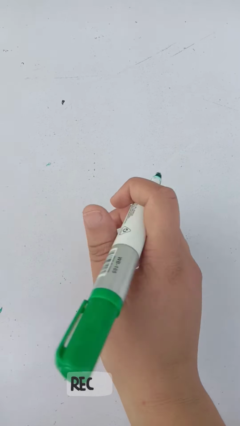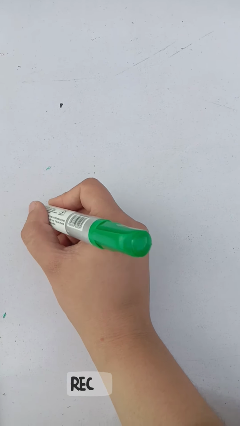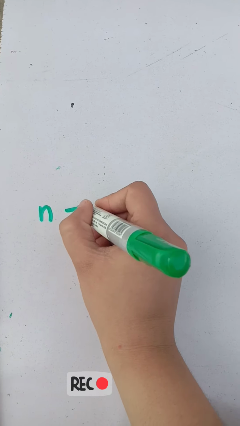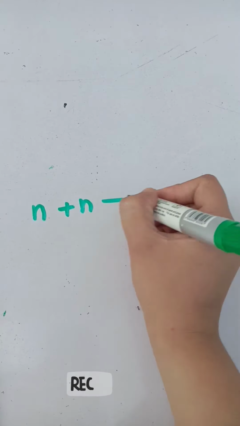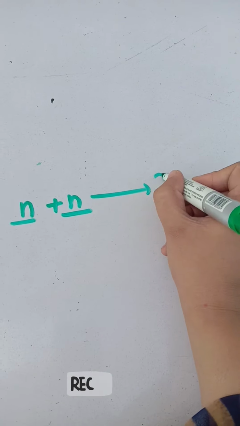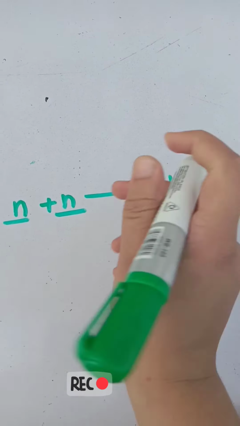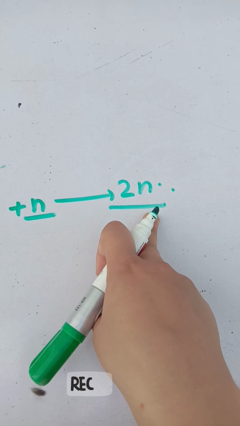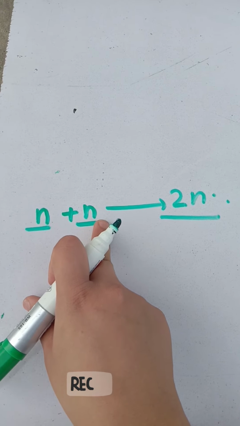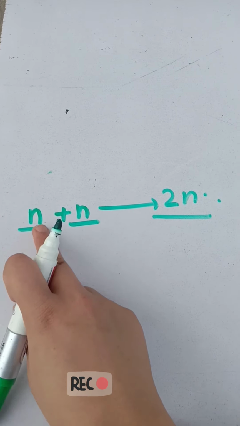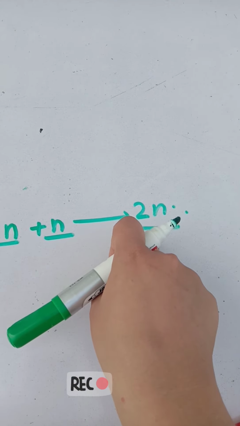I'll draw a simple reaction with n. The small molecules that are added are known as monomers, and the larger molecule that is produced is known as a polymer.